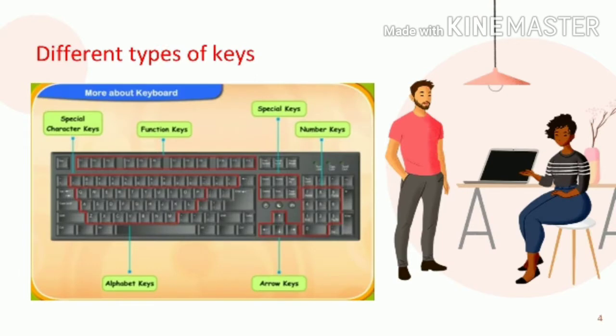This is a picture of different types of keys. You can see in the picture the special character key, function key, alphabet key, arrow key, special key and the number keys. There are different types of keys on a keyboard.